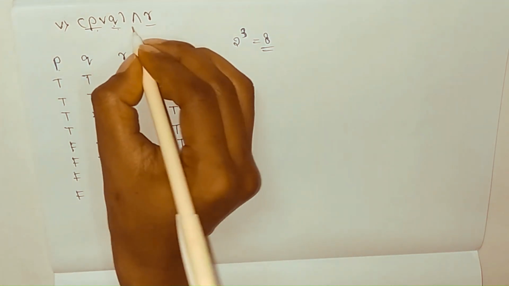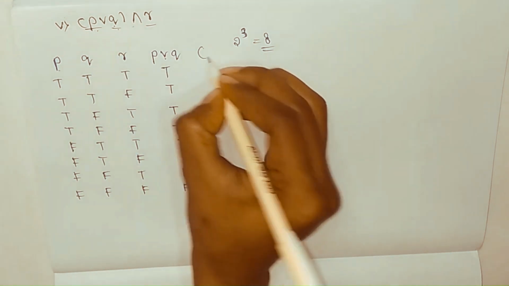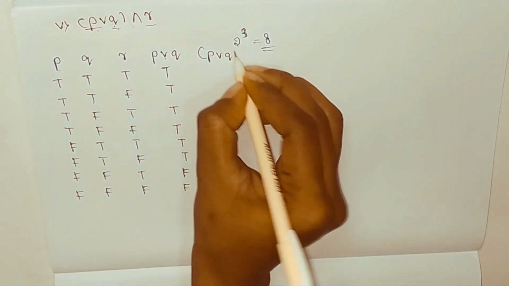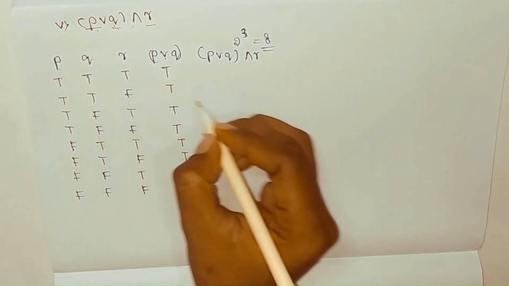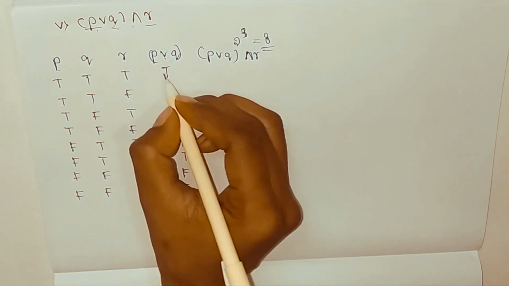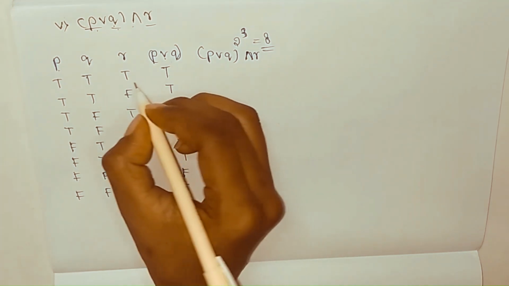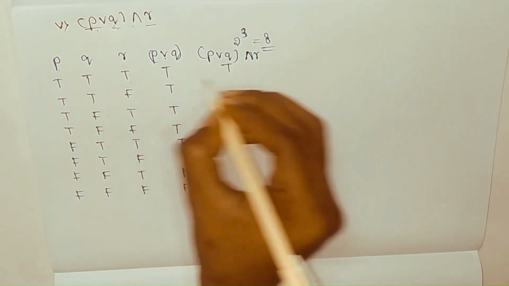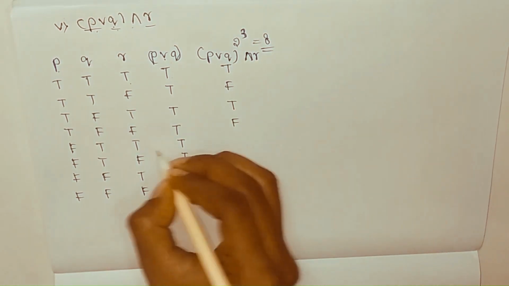Now we are applying AND operation to P or Q and R. AND operation is nothing but if both are true, then only it returns true. Otherwise, it returns false.